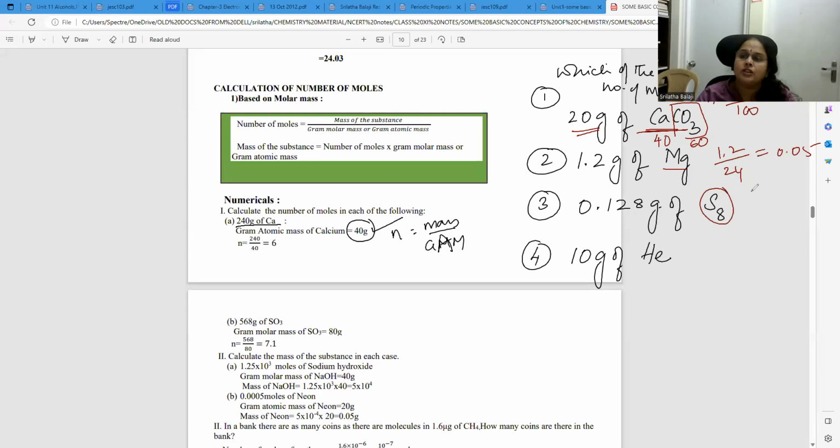Next, S8. So what is the molecular mass of S8? S8 is 8 into 32, right? So 8 into 32 is what? 256. So the answer is 0.0005.